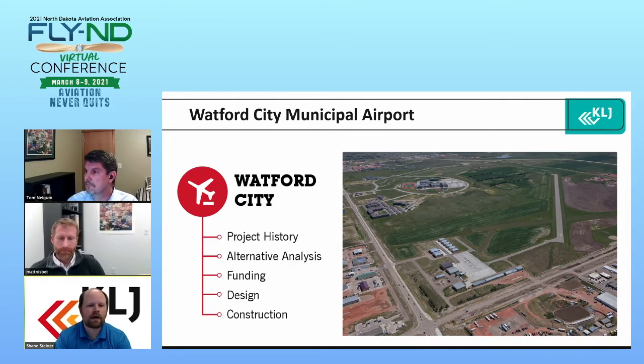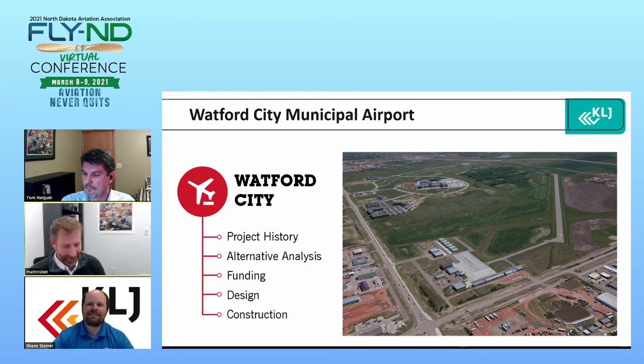Then I'll come back and circle around with what the funding scheme looked like, some of the design challenges that were met with the project, and finally some of the construction progress to date, and how we look for wrapping up the project. So I will now hand it over to Matt, our expert planner for the project, who literally put blood, sweat, and tears into the project.